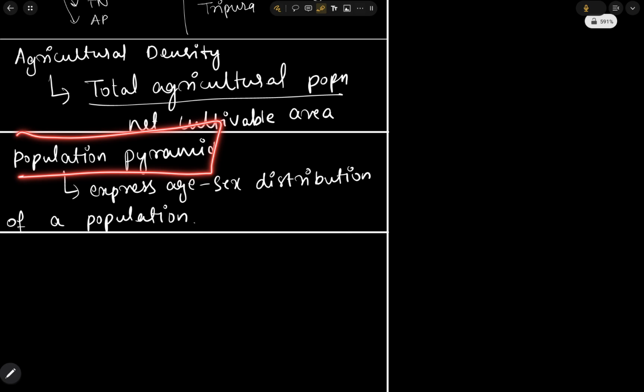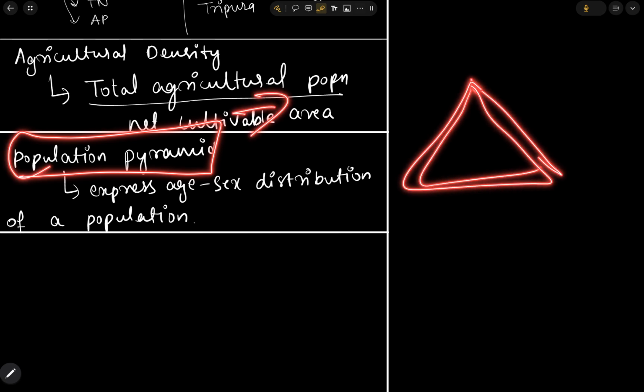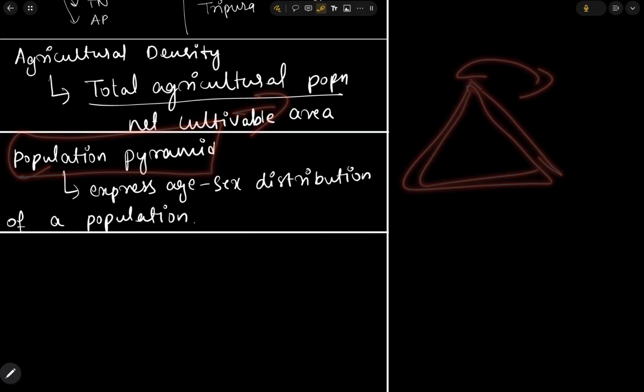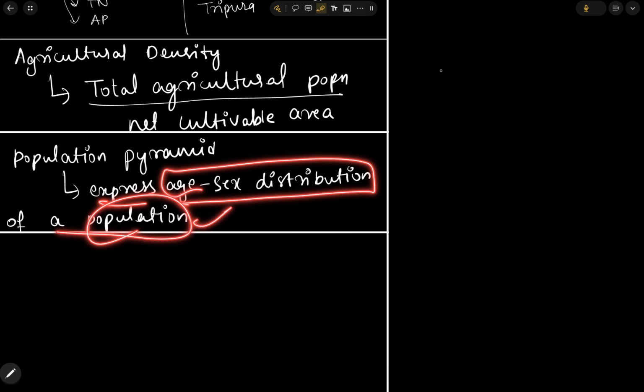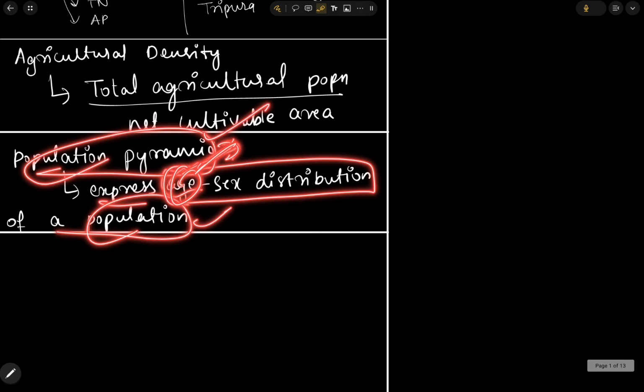Next we have the population pyramid. So basically this is the population pyramid. The main purpose of the population pyramid is that it expresses the age-sex distribution of a population. By seeing the population pyramid we get to know how many people are in the different ages.